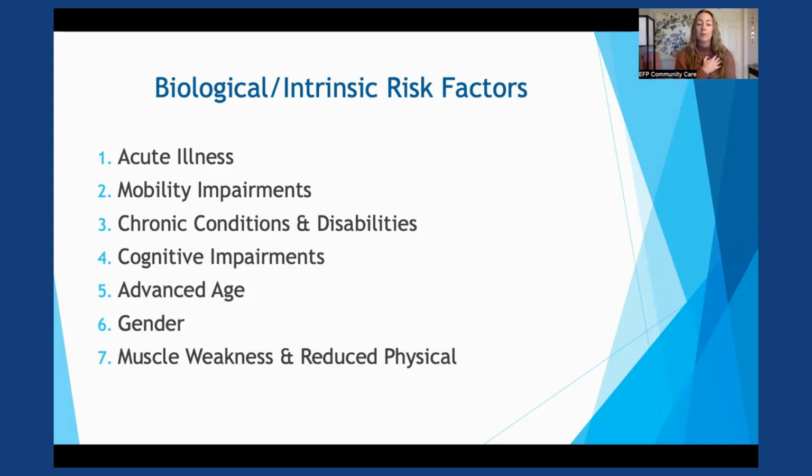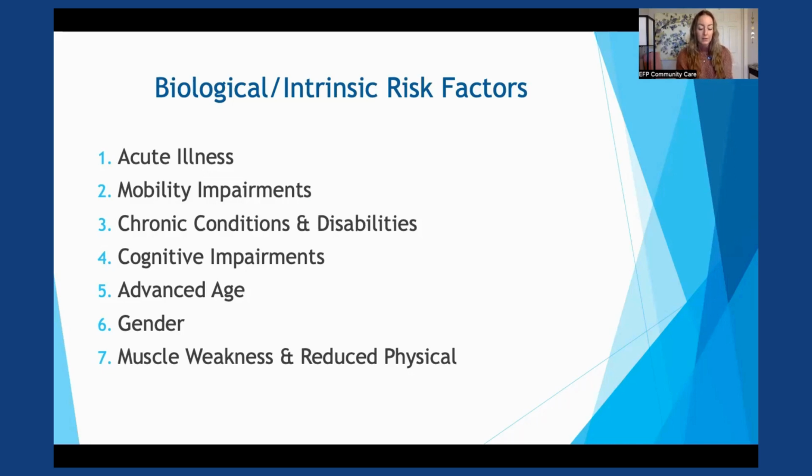Chronic conditions and disabilities, such as Parkinson's disease, diabetes, arthritis, cardiovascular disease, COPD, even chronic bowel and bladder issues. So if we're always rushing to the bathroom, that can create a fall.